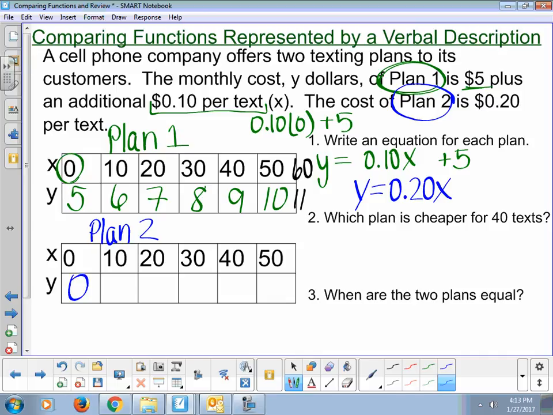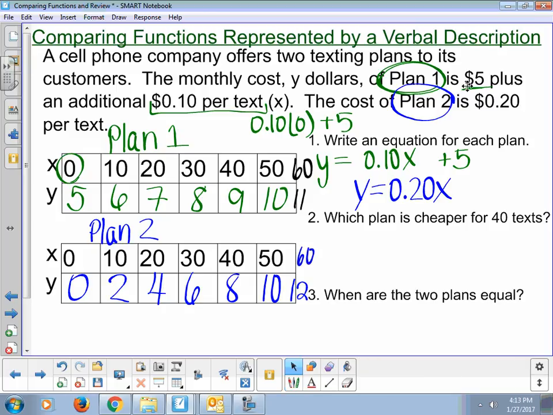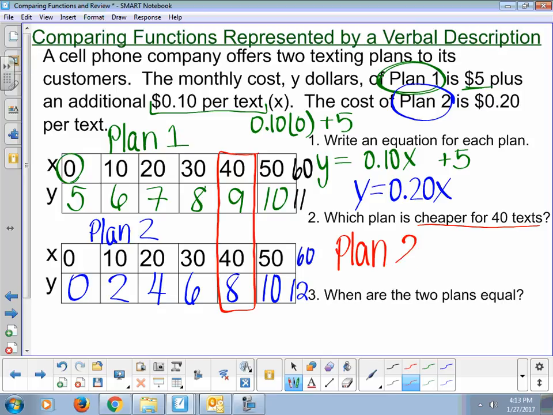For 10 text messages, 10 times 0.20 is 2, 20 times 0.20 is 4, and our table's going up by 2, so we have 6, 8, 10, and for 60 it would be $12. If you look, which plan is cheaper for 40 texts? Plan 1 is costing $9 and Plan 2 is $8, so Plan 2 is cheaper.